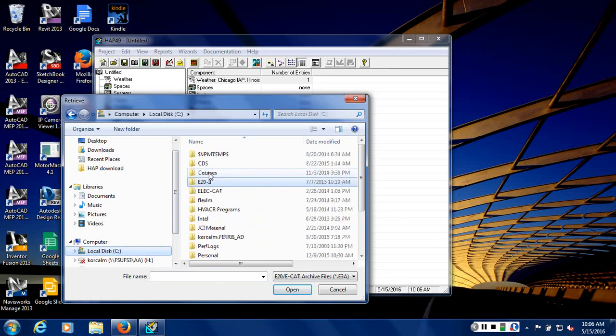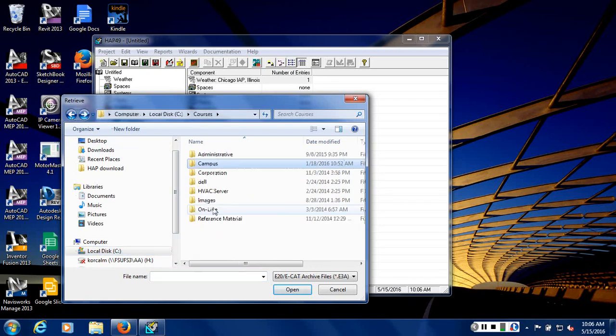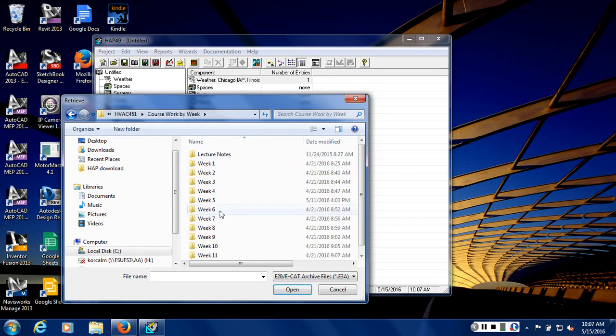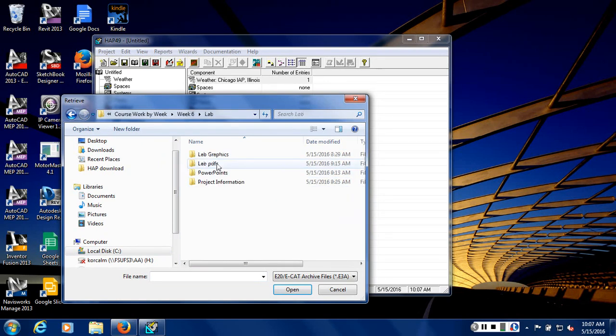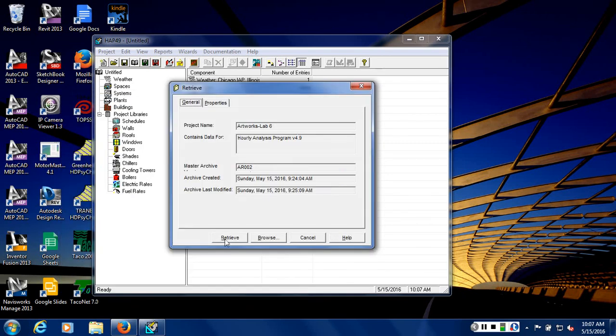And I put my files in a specific spot, at least for this class. So you notice I have a number of different HAP files in here. I'm going to pick out the one for Lab 6. I want to retrieve it.